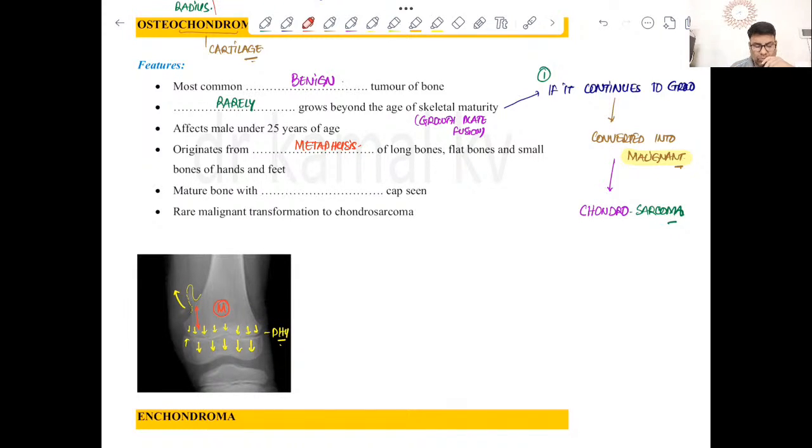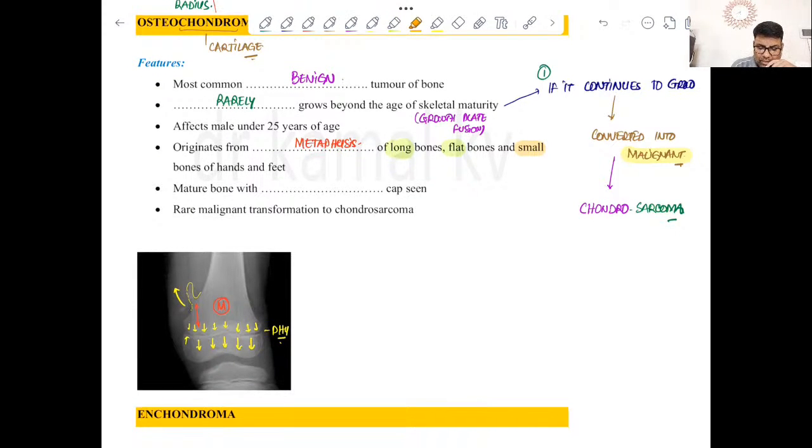So initially it is in close proximity to growth plate, but as the length of the limb increases, the growth plate keeps on going downward, and there is a lot of gap between the tumor and the growth plate. So it can be seen in long bones, it can be seen in flat bones of face, or small bones of hand and feet. And we are using the word chondro here, that is cartilage.